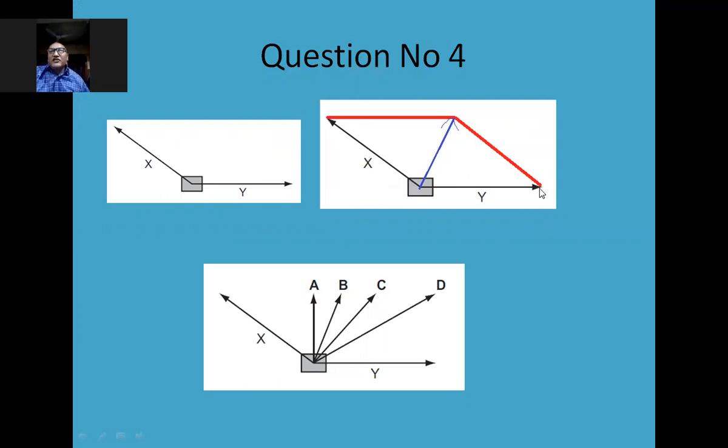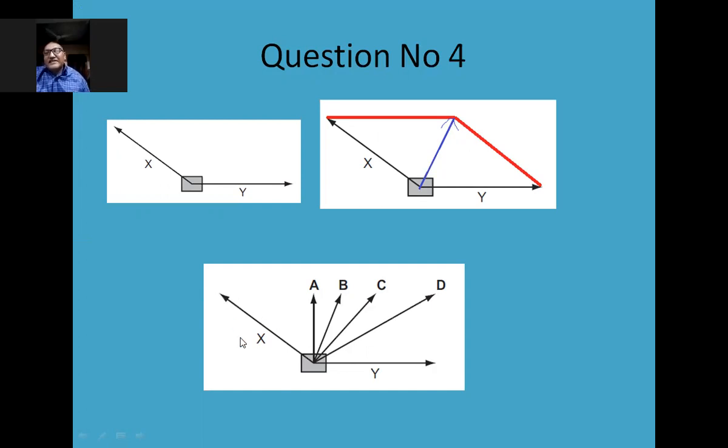Parallel to this, I draw a line here. Parallel to this, I draw a line here. So the parallelogram is completed. Then I join this point where the tails are joined with the opposite corner. So this blue color line is my resultant. So hopefully B is the right answer, sir.